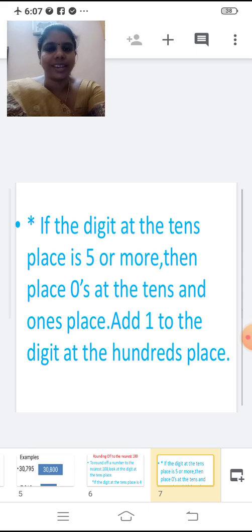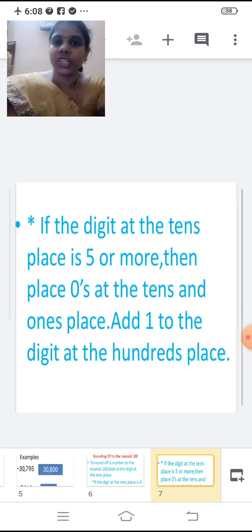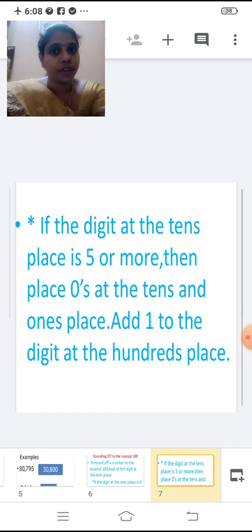If the digit at the tens place is 5 or more than 5, then place zeros at the tens and ones place and add 1 to the digit at the hundreds place.